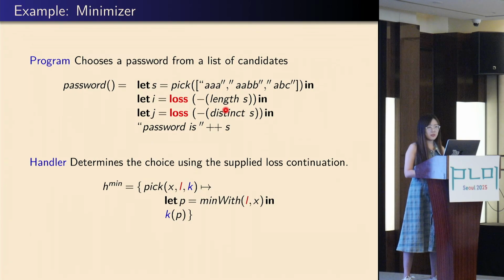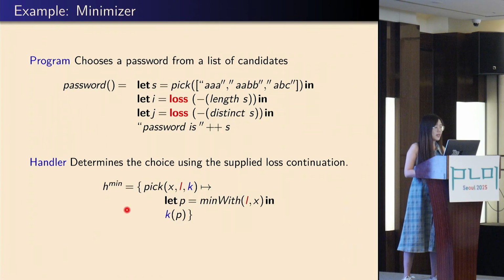Maybe I want the password to be as long as possible, so there is this loss of the negative of the length of the password. And maybe I also want as many distinct elements in the password as possible. After that, I'm going to return the password that you have actually chosen. This program is not responsible for choosing the ultimate password, but it knows that whatever password you choose, there is going to be an associated loss.